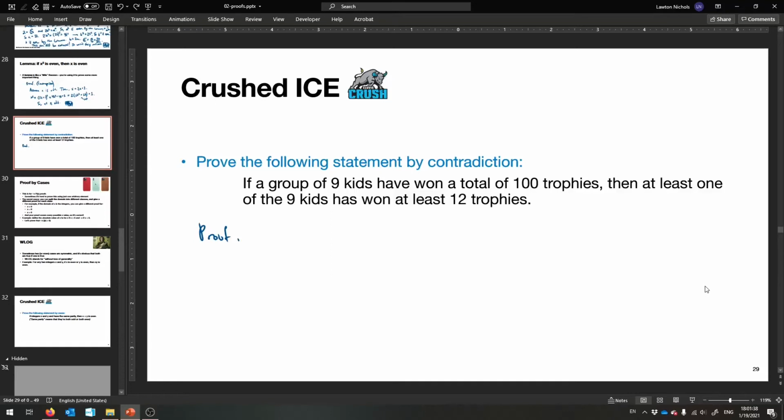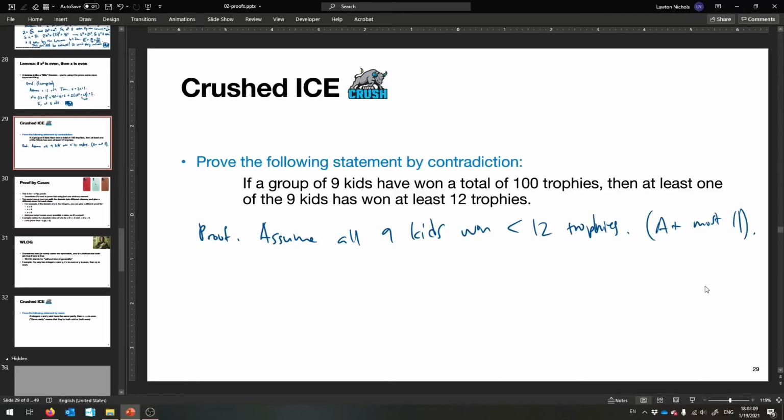So if this last fact is false, let's assume, for contradiction's sake, all 9 kids won less than 12 trophies. So that's at most 11. Okay, you see how this is similar to the other example above? Okay, that's all well and good.